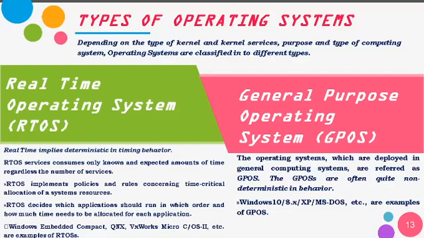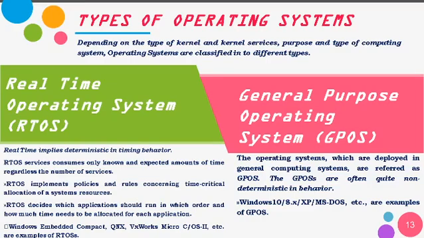So a real-time operating system implies deterministic timing behavior, and RTOS services consume only known and expected amounts of time regardless of the number of services. A real-time operating system implements policies and rules concerning time-critical allocation of system resources.